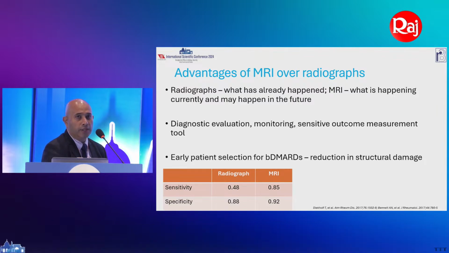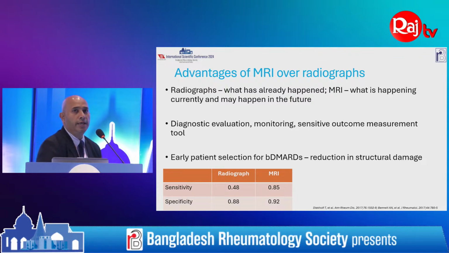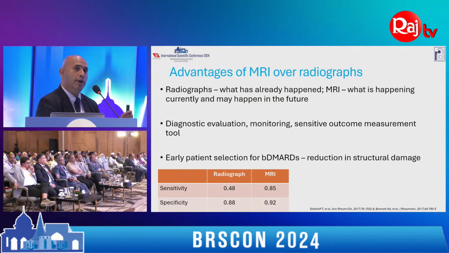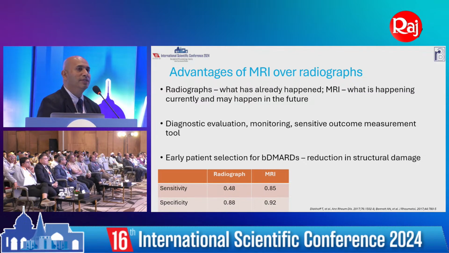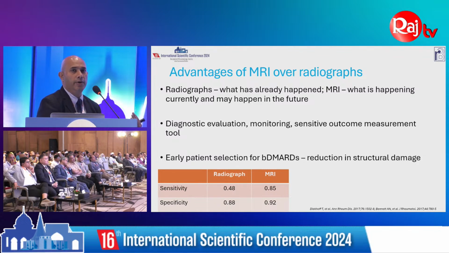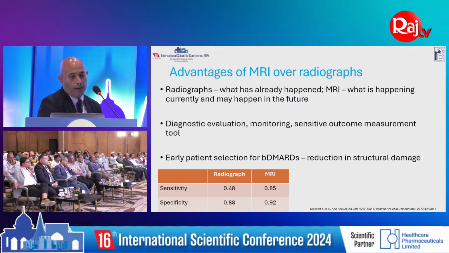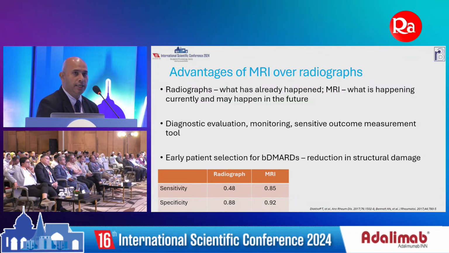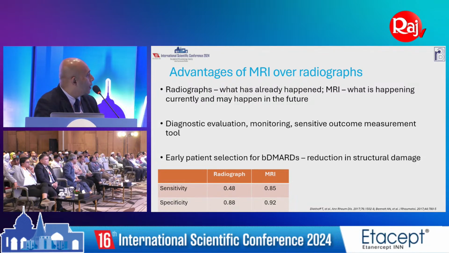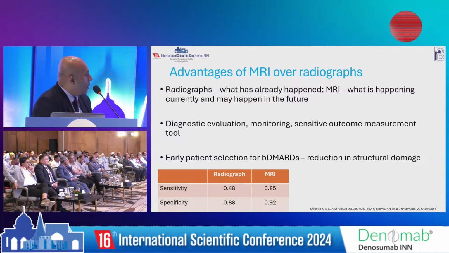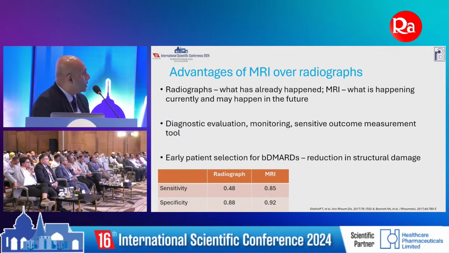Now, this is a study done by the Berlin group where they compared radiographs and MRI, because one of the major flaws which MRI was supposed to go through was its comparison with radiographs for structural damage. But in this study, the reference standard was CT, and they compared radiographs and MRI for structural lesions, and we see that MRI fared pretty well as opposed to CT.